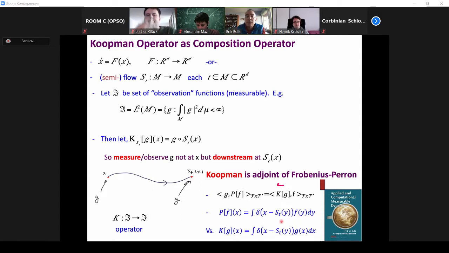This is a version of this operator I like a lot, which is in terms of the push forward, and it's closely related to the pull back operator, which is the Frobenius-Perron operator. They're adjoints of each other. So this should be a familiar story, and that's what I wrote about some time ago with Naratip.